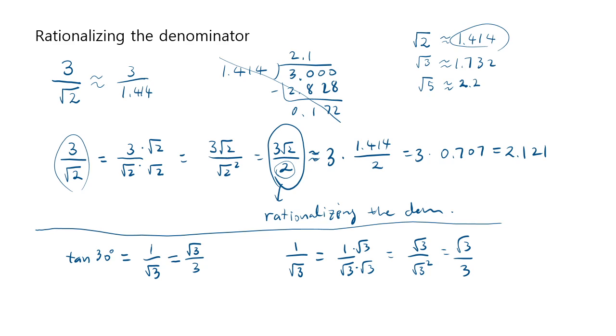Okay. Now, you will be asked to rationalize the denominator, and actually there's a challenging example where you are dividing by not just a square root, but a mix of a usual number and a square root.